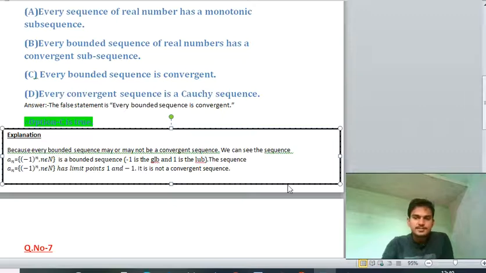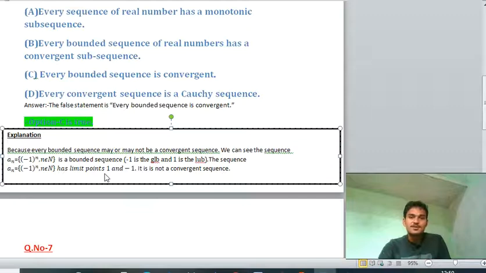Actually, the definition of an oscillatory sequence is based on the limit superior. The limit superior of the sequence a_n is not equal to the limit inferior. You can see here the limit inferior is -1 and the limit superior is 1.